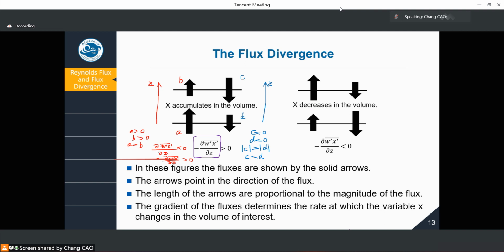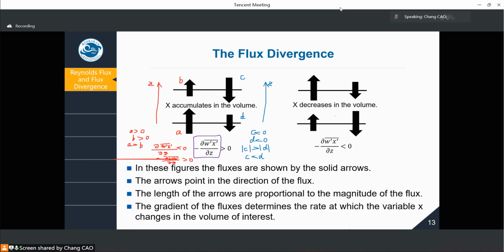Can you understand? See, Tara? Yes, sir. Okay, what about others? If you do not have any question, you can also try to explain why in this way the minus z derivative of the flux is smaller than 0.